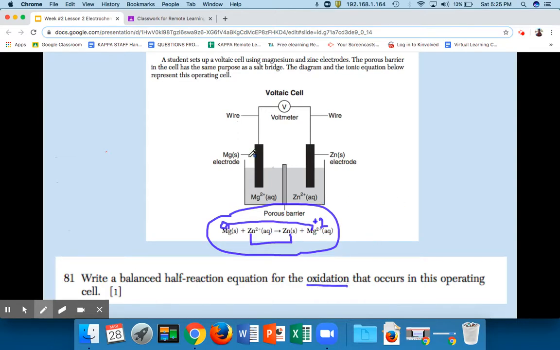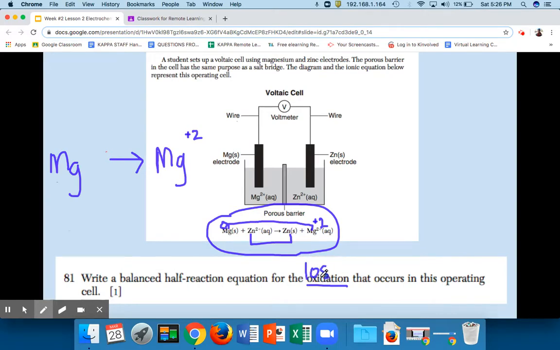So what would be the half reaction? Remember that we have to start with Mg on one side, Mg2+ on the other. And the important part is, where do I write my electrons? Do they go on the left as a reactant, or do they go on the right as a product? We know that oxidation means what?